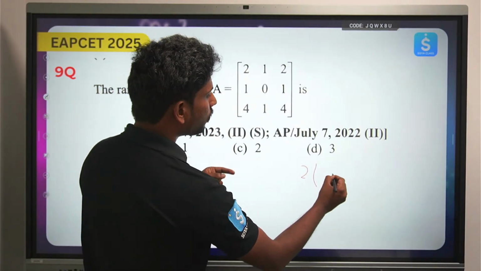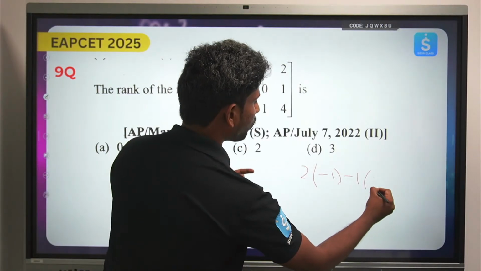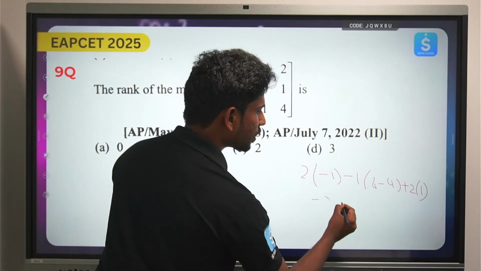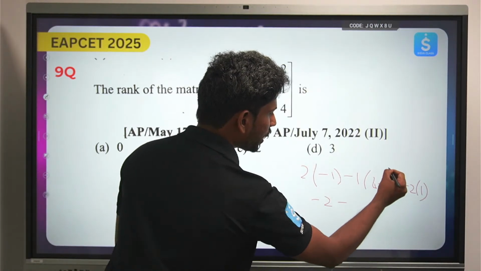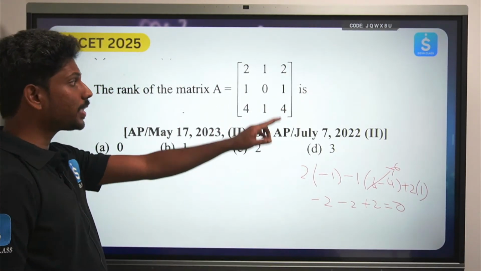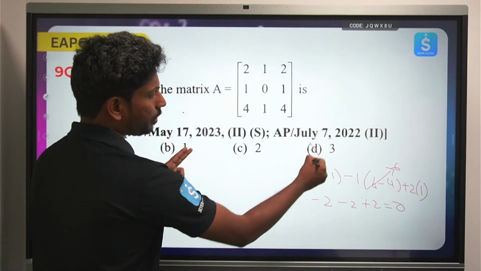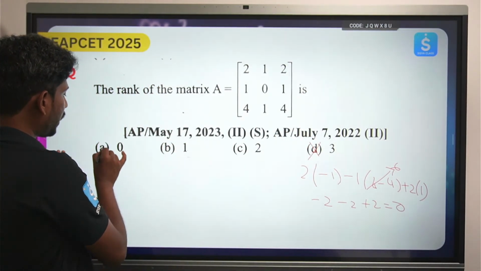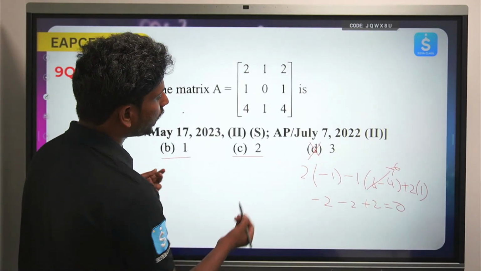0 into 4 is 0, minus 1 into (4 minus 4), plus 2 into 1, so this will become minus 2, this will become totally 0, and this will become plus 2. So the determinant is equal to 0, which means the rank will never be equal to 3. So it will be either 1 or 2.